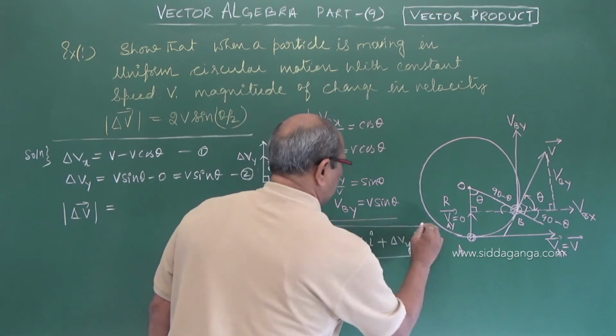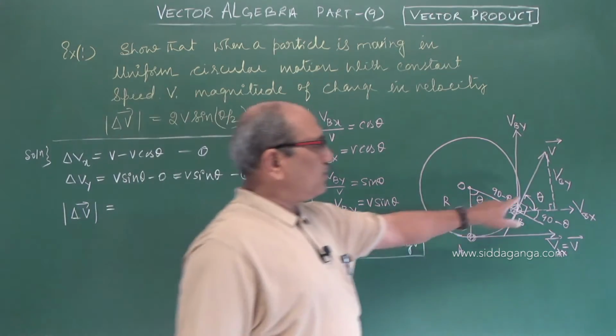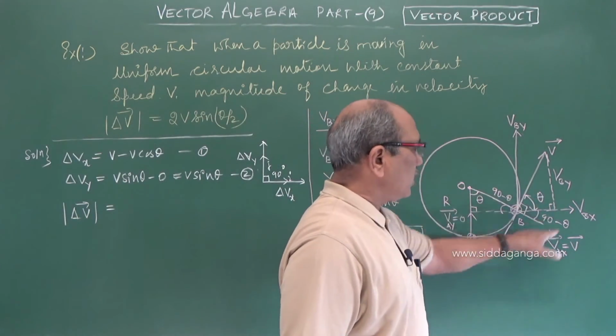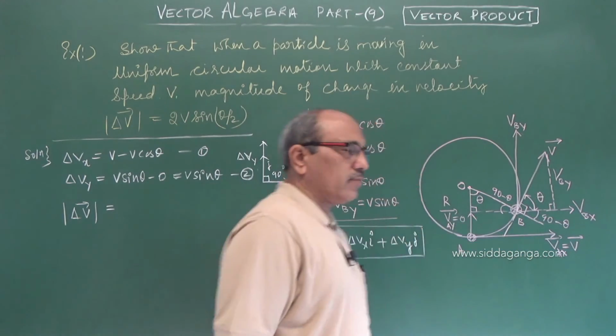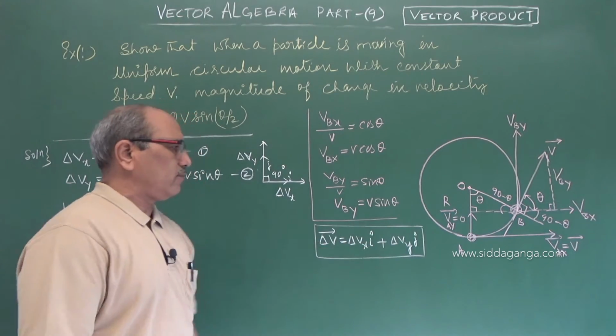To get this, delta Vx is the difference between the x components Vbx and V, and the y component changes as delta Vy.